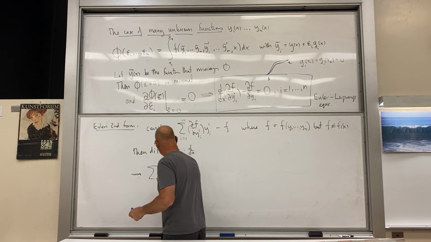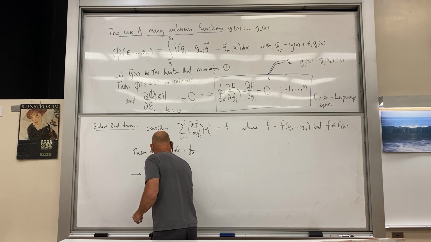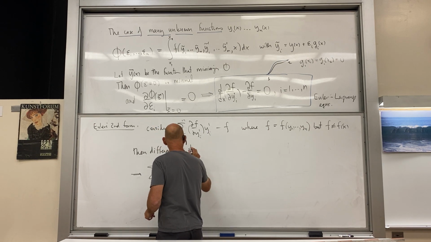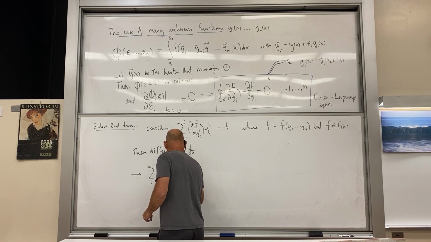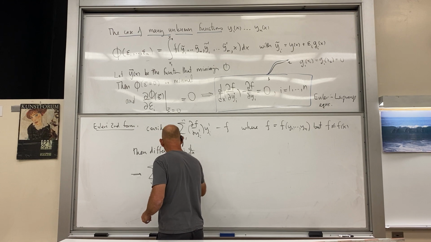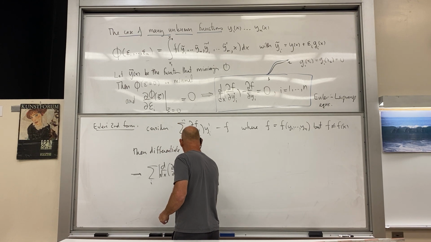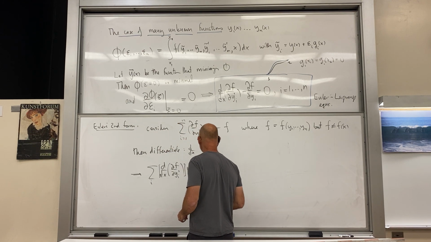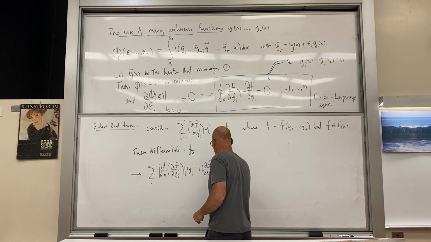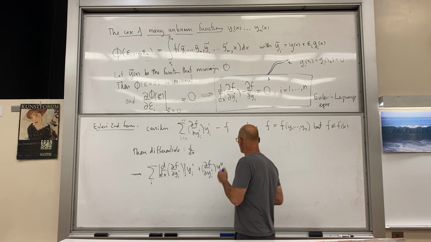So then we're going to have sum over i, d dx, df dy sub i prime times y sub i prime, I'm doing the product rule right here, plus df dy sub i prime times y sub i double prime.